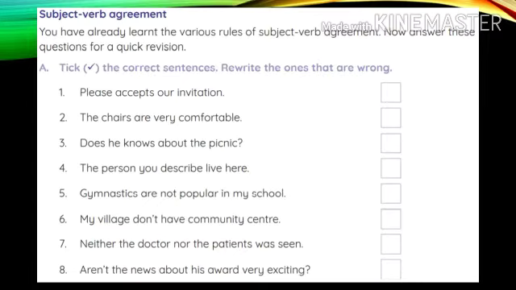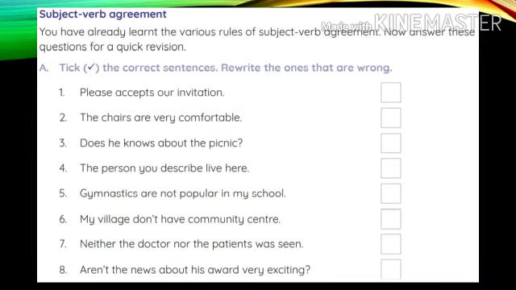So we have certain statements. We need to find out which are correct and which are not correct. You have already learned the various rules of subject verb agreement. Now answer these questions for a quick revision.